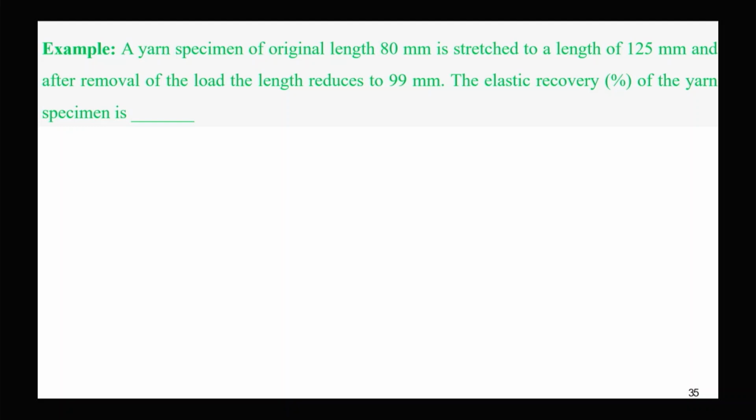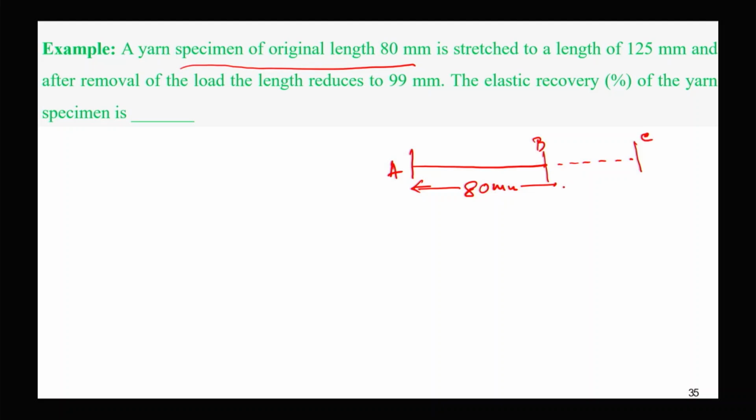Next numerical, similar numerical: a yarn specimen of original length AB, which is 80 millimeter, is stretched to a length C of 125 millimeter.